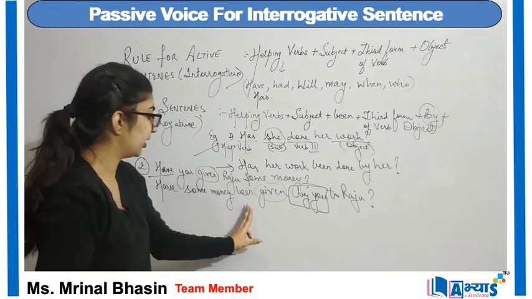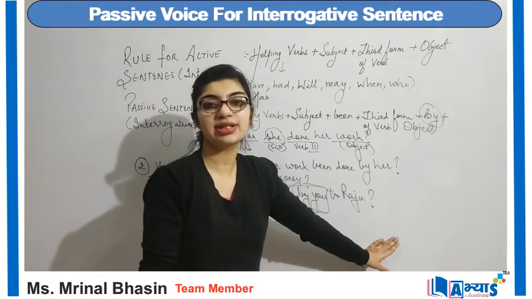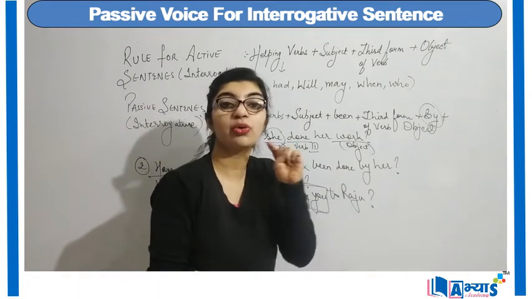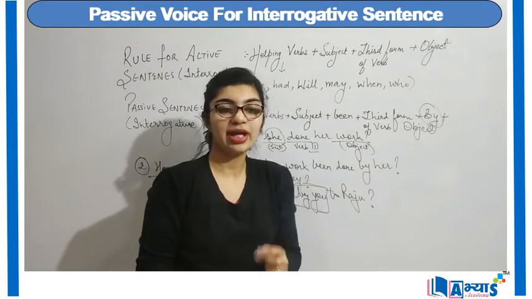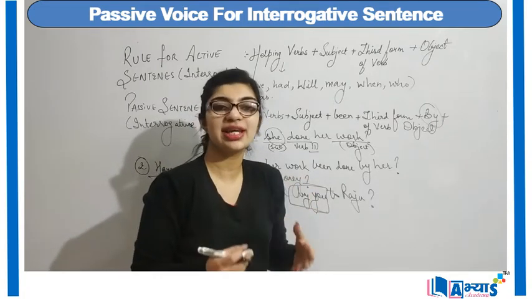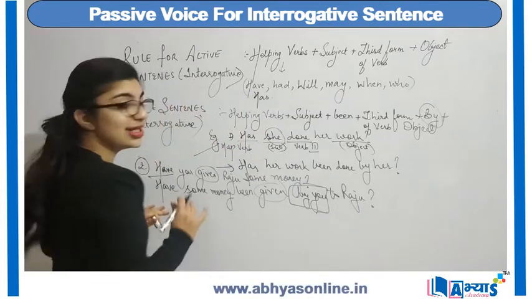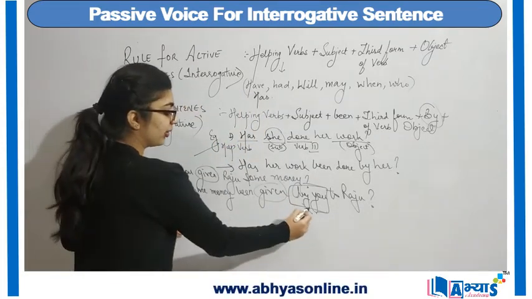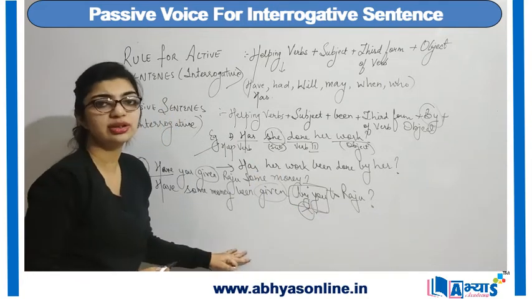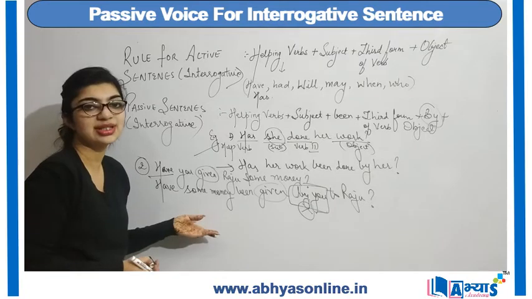Have some money been given to Raju? If I am asking that person, I do not need to mention that I am asking you, because the eye-to-eye contact or the conversation clearly says that I am asking that person only. So in this case, by you, even if we do not use it, is not necessary. It will not change the meaning of the sentence.